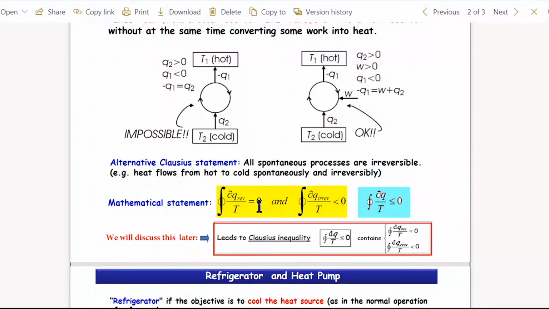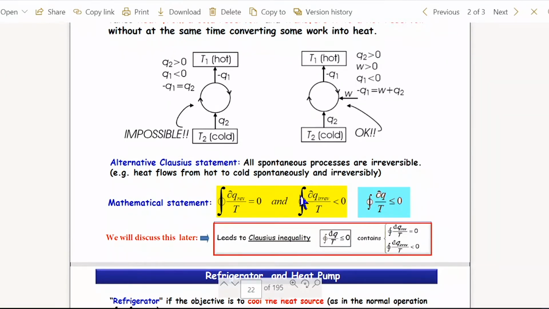So here I am yet to define what entropy is, but we will define this as entropy. In later discussion we are going to see a term dq irreversible.